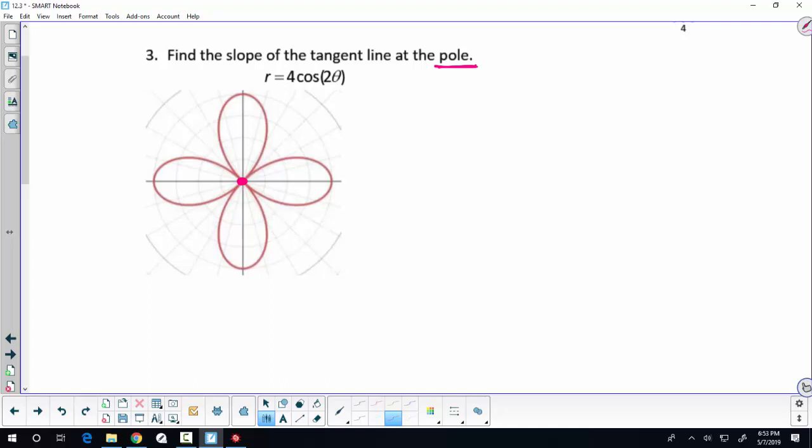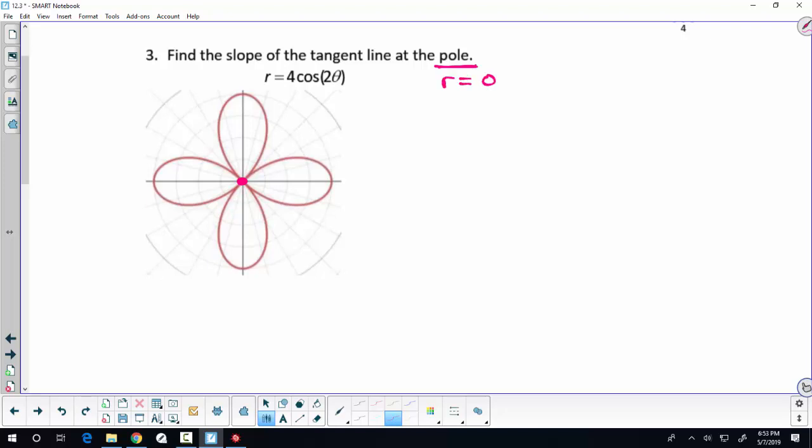What else could we say? That's where r equals 0. Theta can be anything. If r is 0, theta could be any angle measure. You're always talking about the point at the origin. So the pole is always when the radius is 0.